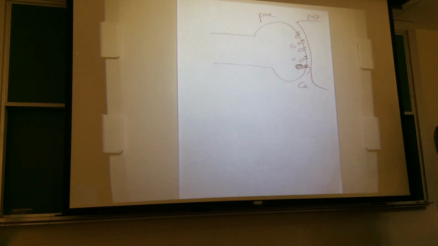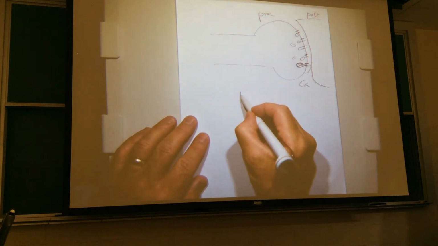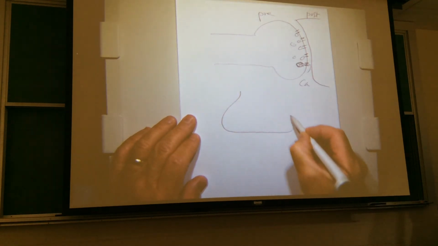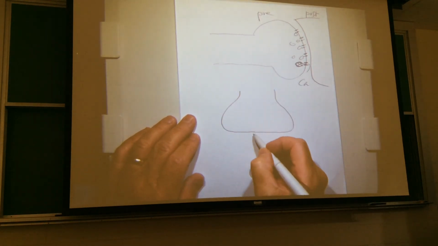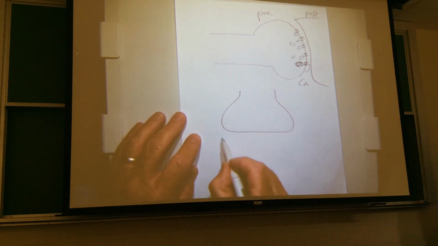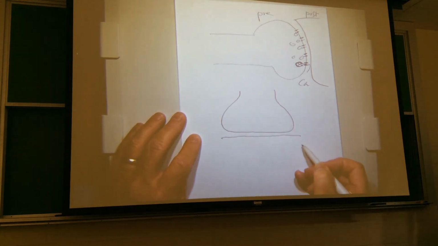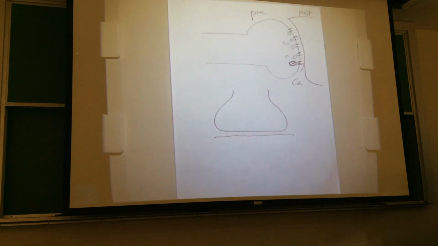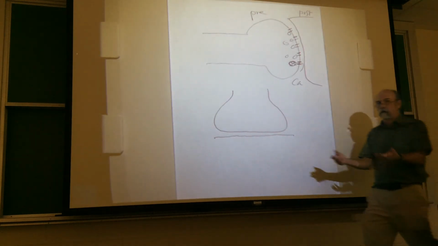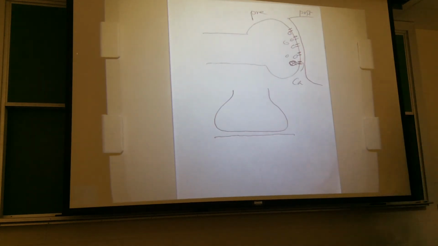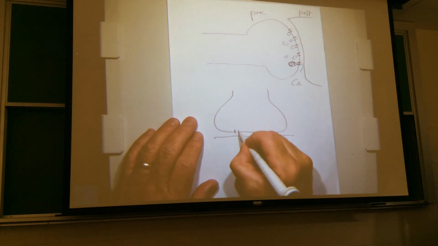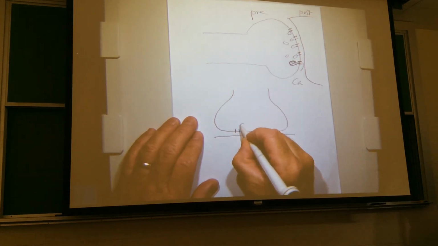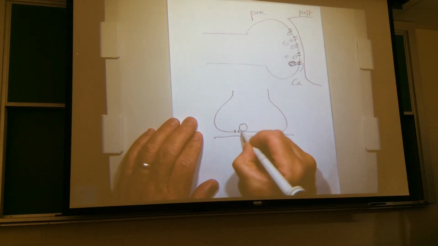So if we blow this up, oh, that looks a little better. Where are the vesicles? This is the synaptic cleft. What do we say they are? They are docked, right? They are down, ready to go. There's a calcium channel. In fact, they're docked right next to the calcium channel.